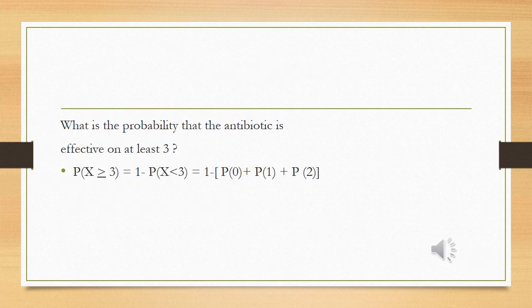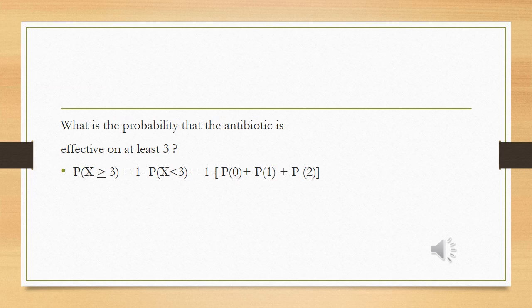The same problem could be answered differently, as we see in this slide: the probability that the antibiotic is effective on at least 3. Here, which is again 3 or more, the probability of x greater than or equal to 3 can also equal, remembering that probability goes from 0 to 1, 1 minus the probability of x less than 3. x less than 3 would be 0, 1, and 2.